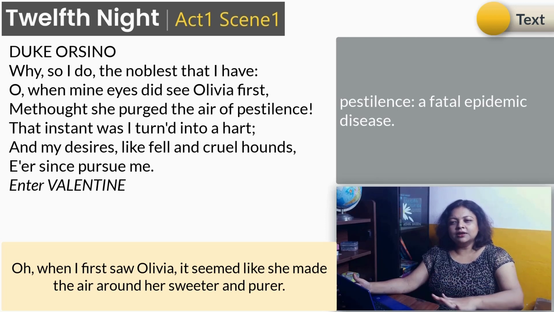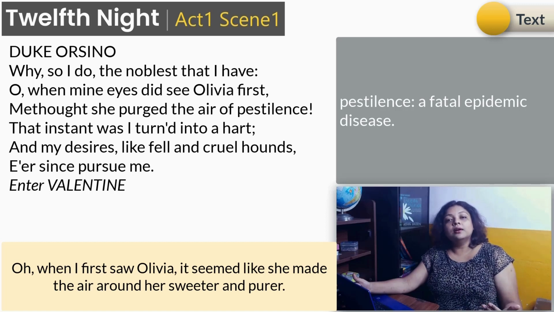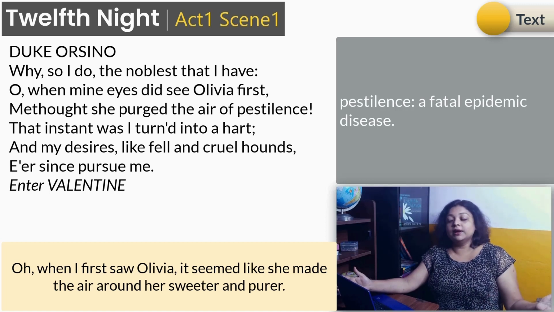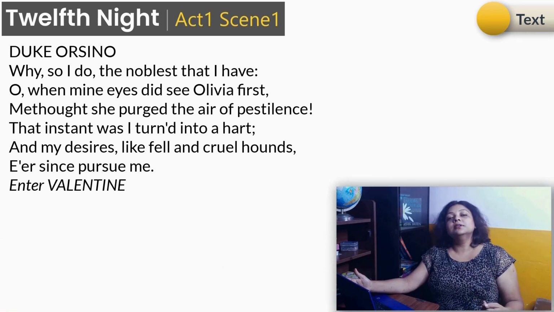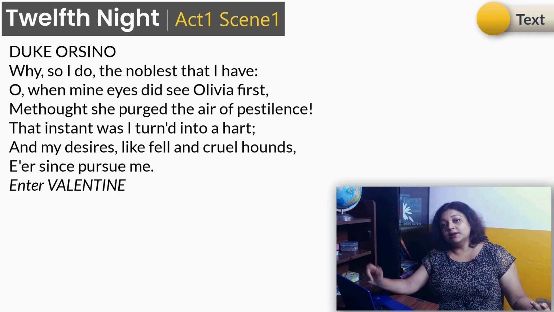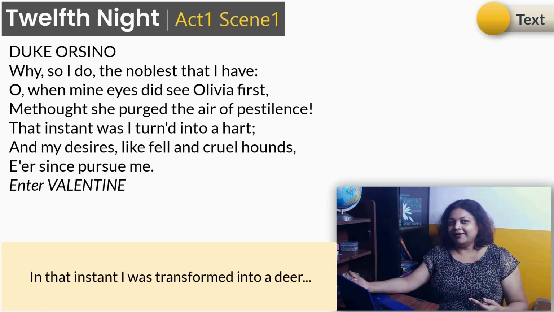So Olivia has such a pure air about her, such serenity, that when he saw her, he was transfixed. "That instant was I turned into a heart." This hart is again H-A-R-T.